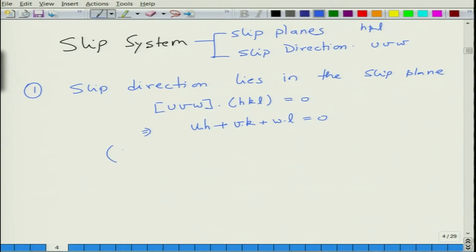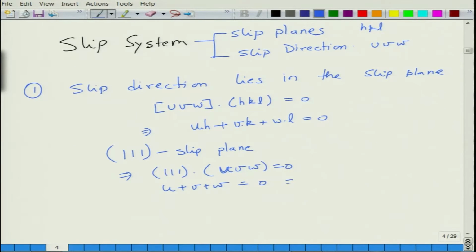So, if you have the 1 1 1 plane as slip plane, let us say, then the only directions which can give rise to slip are those where u plus v plus w has to be equal to 0. So, it could be the 1 bar 1 0 direction, the bar 1 0 1 direction, the 1 1 bar 2 direction, bar 1 2 direction, and so on and so forth.